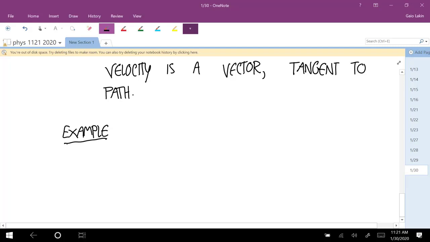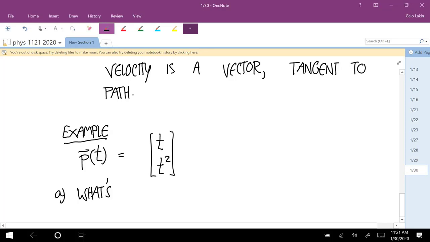Okay, so for an example, let's say that the position vector as a function of time is, well, let me do one that I can draw. So let's say the position vector is t and then t squared. So first, what's the velocity vector as a function of time?